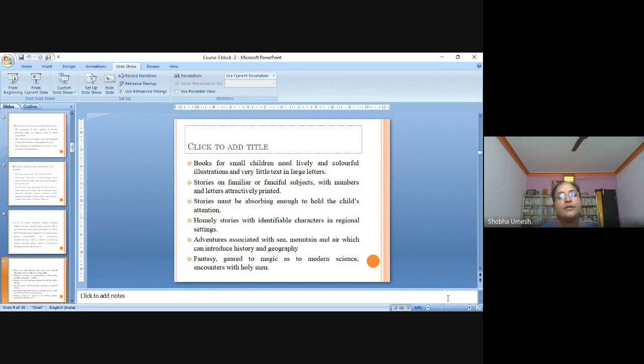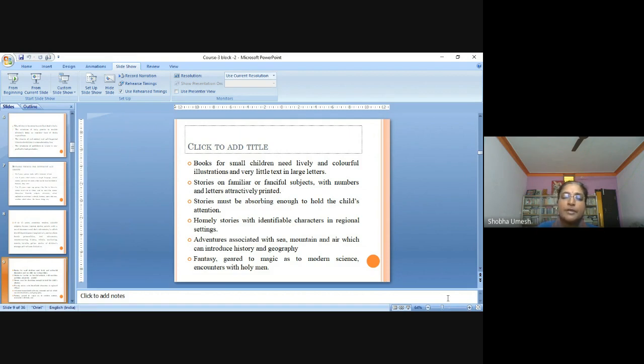And also, stories on familiar or fanciful subjects with numbers and letters attractively printed. So, when you narrate a story, it should be very familiar. There should be clarity in the picture, and the numbers and letters should be very attractively printed so that as soon as they see, they can identify what exactly it is.